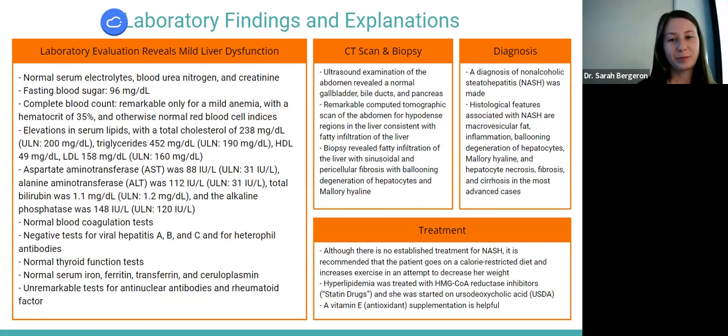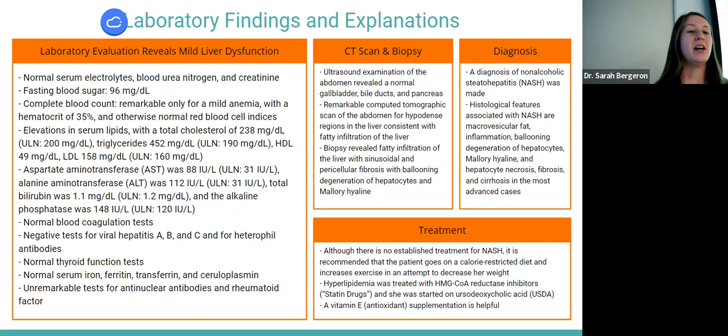Elevations of serum lipids with a total cholesterol of 238 milligrams per deciliter, where the upper limit of normal is 200 milligrams per deciliter. Triglycerides were 452 milligrams per deciliter with a ULN of 190 milligrams per deciliter.